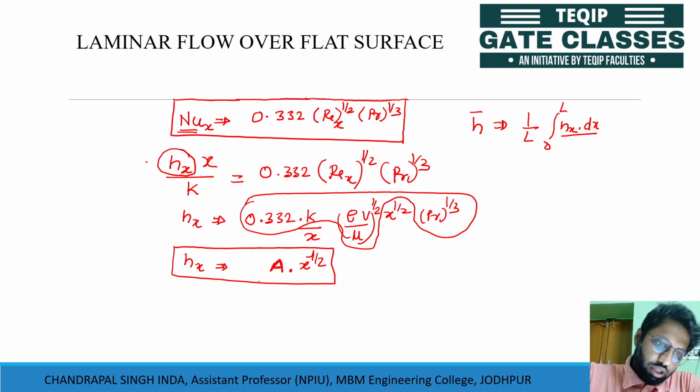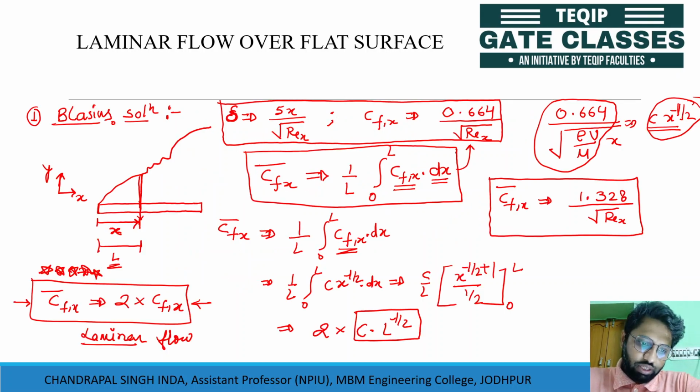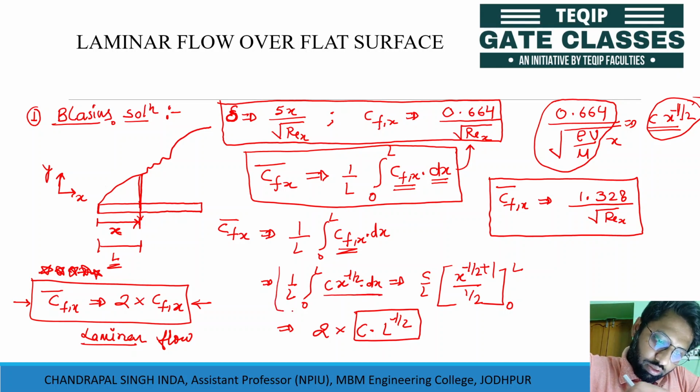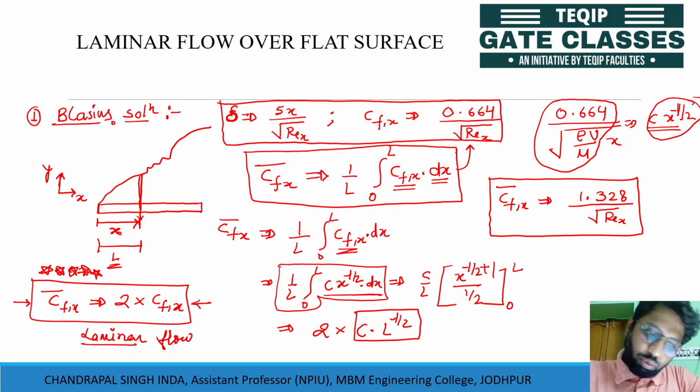Here we can find the average convective heat transfer coefficient, and this is similar to the previous case, where the integration was proportional to x power minus 1 by 2.